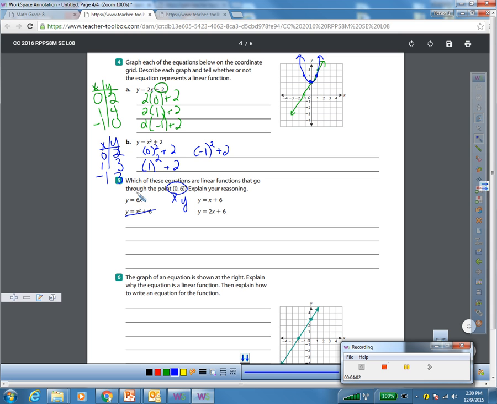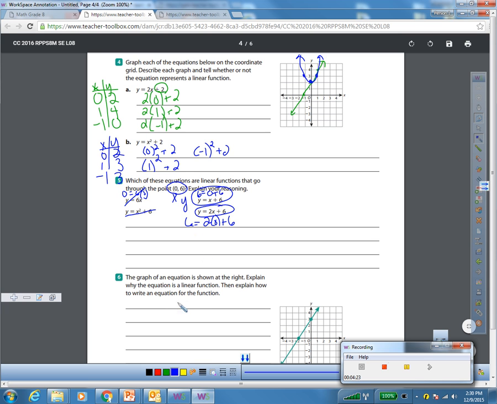So let's try it. 6 times 0 is 0, not 6. That one's out. Plug in 0 here, 0 plus 6. Yeah, that one works. I get 6 for the y. That one works. And if I try it here and add 6, that's 0 plus 6. Yeah, that one works as well.